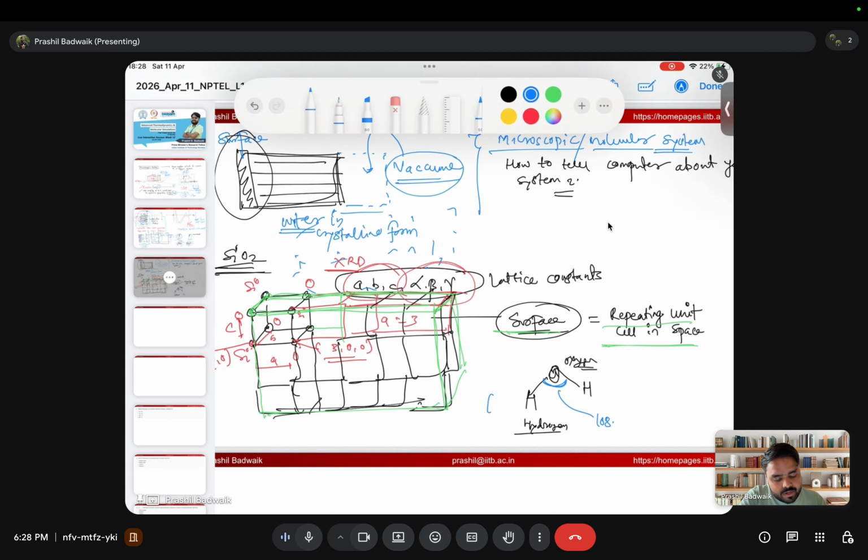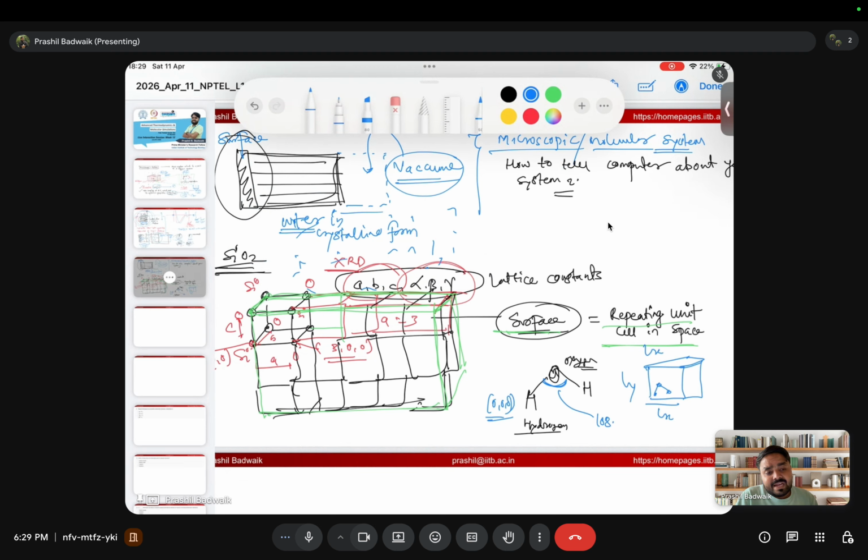I will have to insert it in the box, and let's say the box has lengths Lx, Ly, Lz, right? So I'll generate the coordinates of this atom in this box, and upon generating one atom I'll ensure what the bond length distance is at that location. Only I need to generate the coordinates of hydrogen.